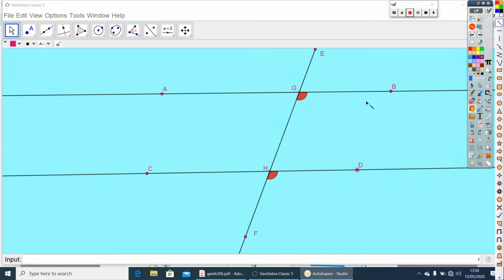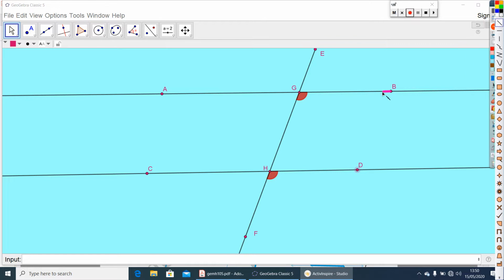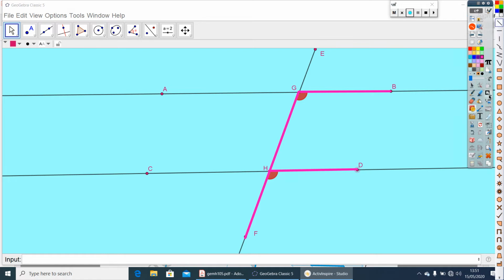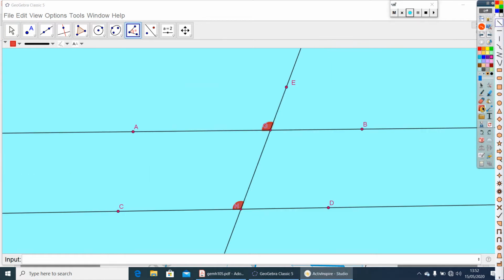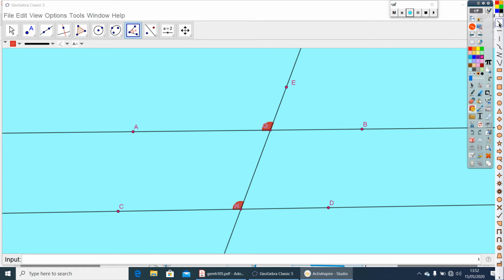So how will it be? These are all the corresponding angles. It looks like the English alphabet F. Now let me mark another pair of corresponding angles. This is another pair of corresponding angles.